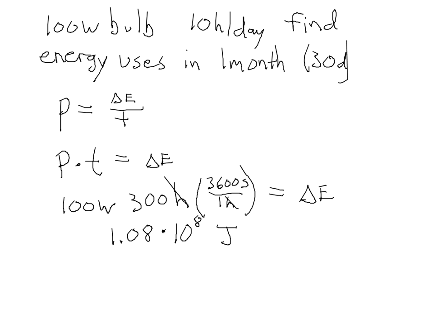Now, that's a big number, 108 million joules. And that's just one light bulb. So if you're a homeowner and you've got 10 or 20 lights that you're using, and you also have a washing machine and a heat pump and who knows what else that's using electrical energy, then when you get your electric bill at the end of the month and you're a typical consumer, then you may be using billions of joules.